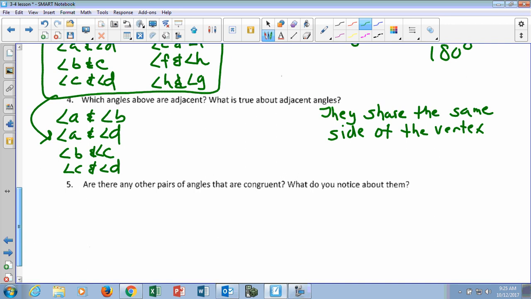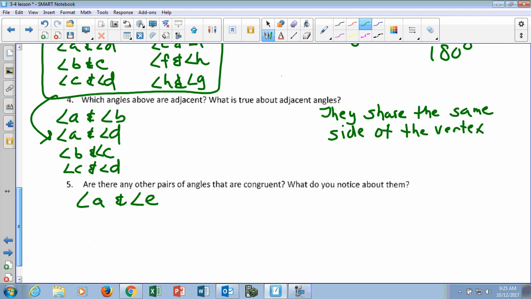A and C were the congruent ones. But does A have a matching one on the bottom? Yes. What? E, right? Everyone agree with that? So angle A and angle E are congruent because they're both what? 100. They're also, if you notice, on the same side of the transversal, right?